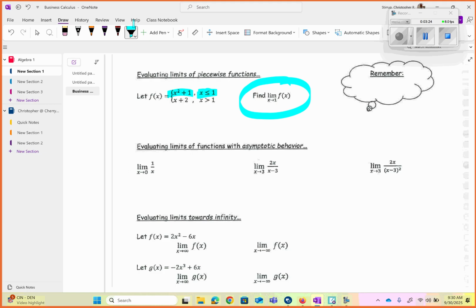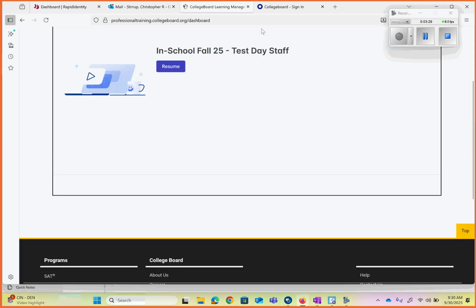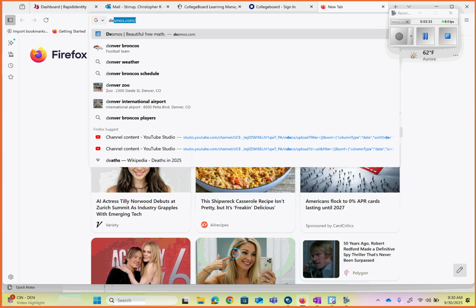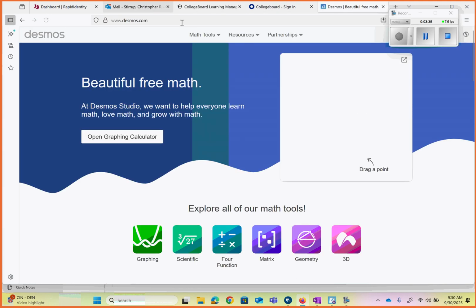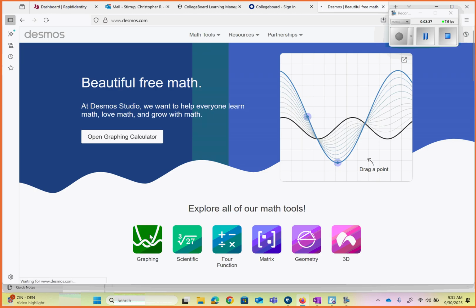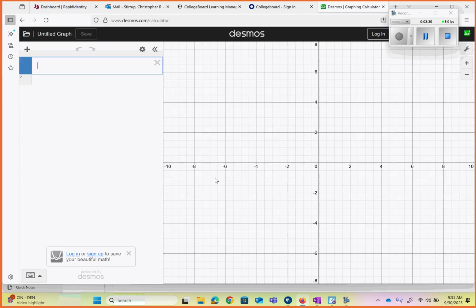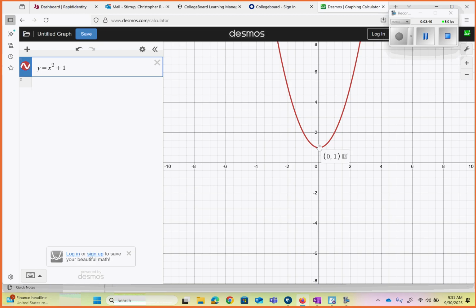If we went ahead and graph this in Desmos, we're just going to graph that very top one. So we have y equals x squared plus 1. And they say they want the limit as x approaches 1.